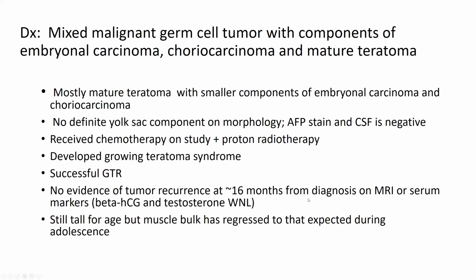He's now over a year out with no tumor recurrence on MRI or serum markers. Fortunately, his testosterone levels have now decreased and are within normal limits. He is still very tall for age, but his muscle bulk has regressed back to what would be expected for an adolescent male who's around 10 years old.